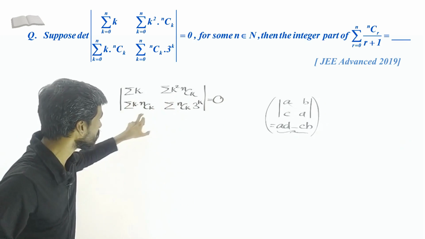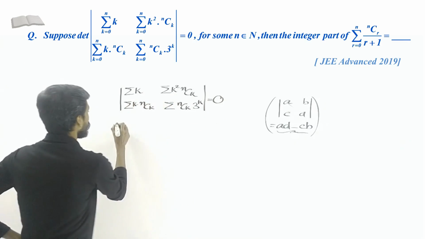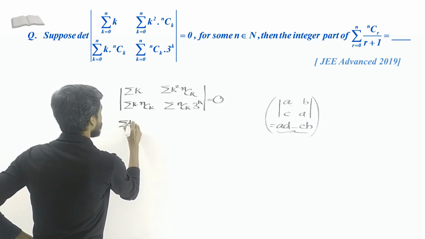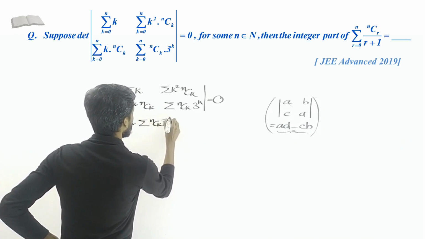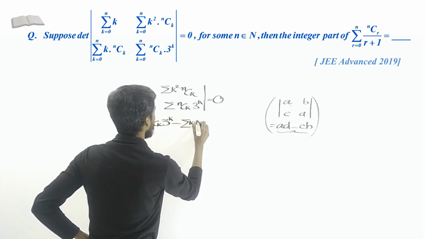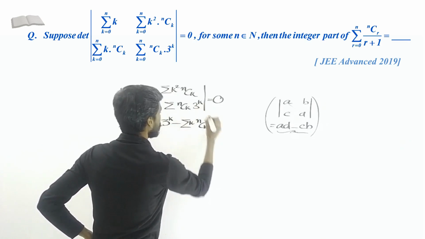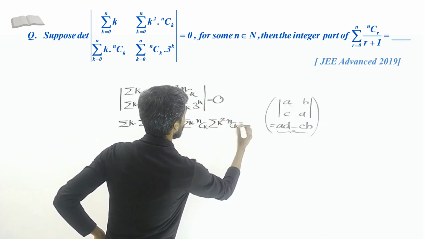It is like a, b, c, d, so that is ad minus bc. So this equals sum of k nCk times summation nCk 3 to the power k, minus this product, summation k nCk and then sigma k squared nCk, equals 0.